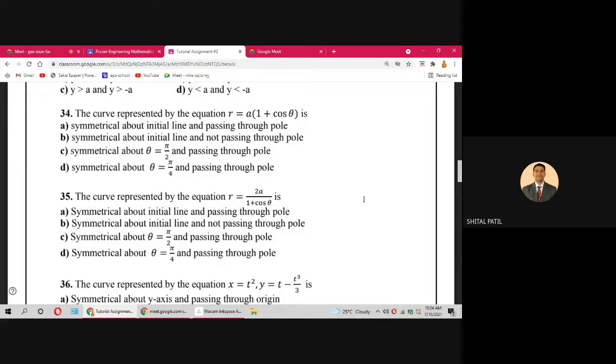So if we replace theta by minus theta, cos of minus theta is plus cos theta, there is no change in the equation of curve. If we replace r by minus r, there is a change. If we replace r by minus r and theta by minus theta, there is change. So only first point is true. Therefore, curve is symmetric about the initial line.